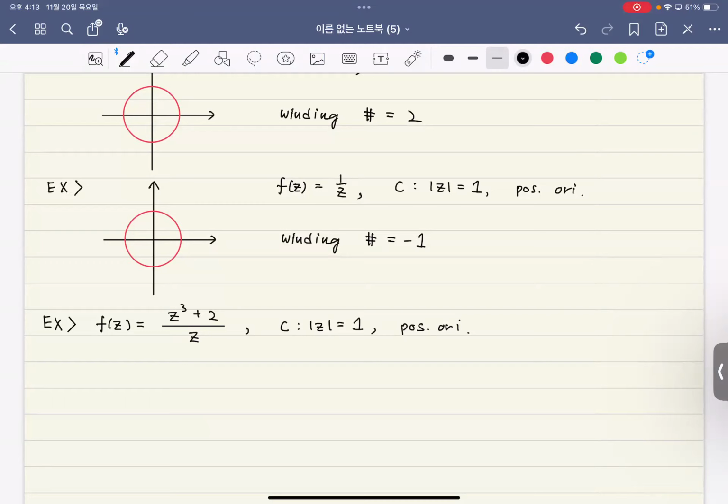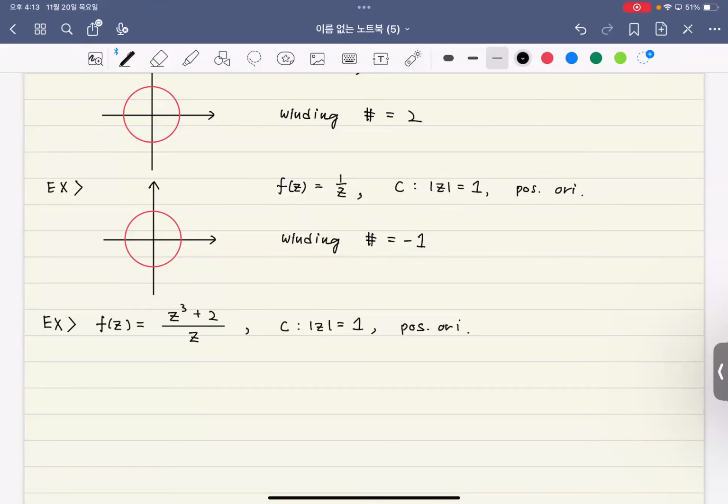What do you think? Yeah, okay. So z cubed plus 2 over z.